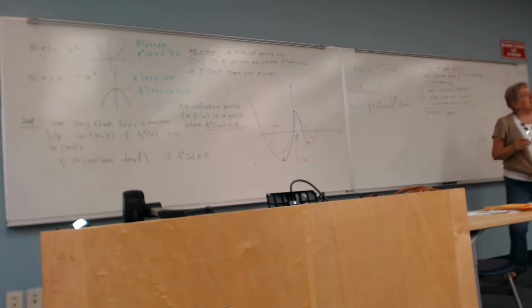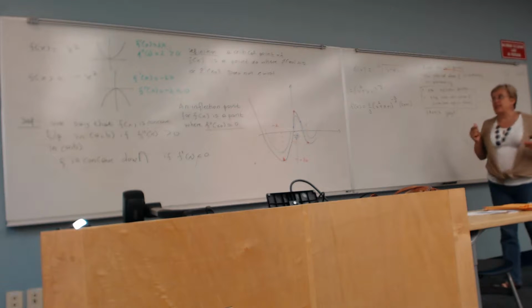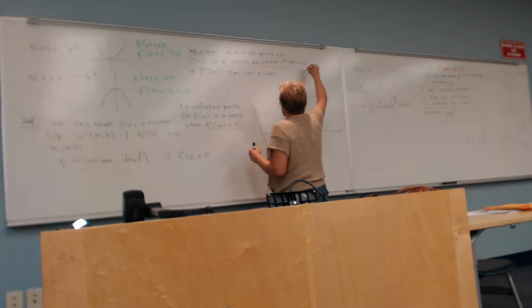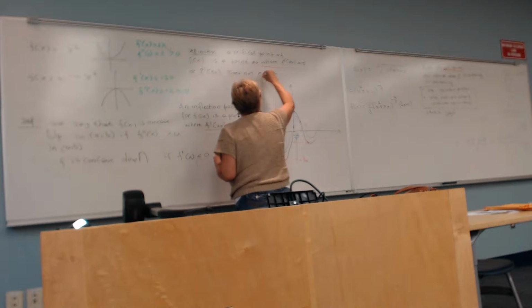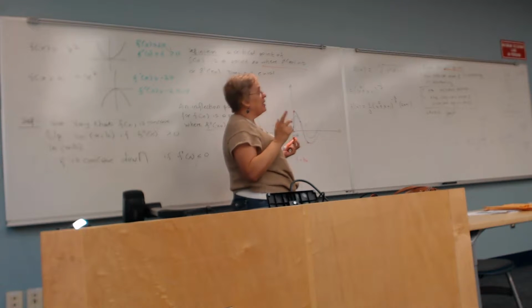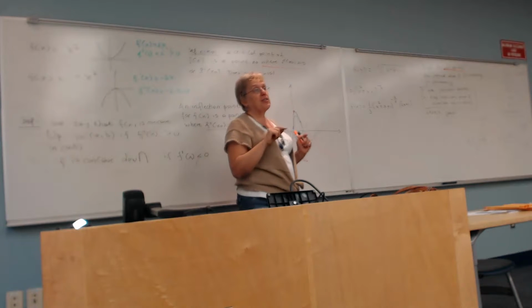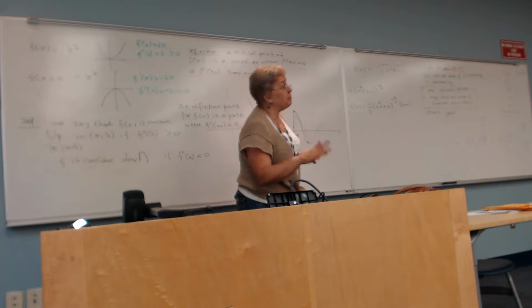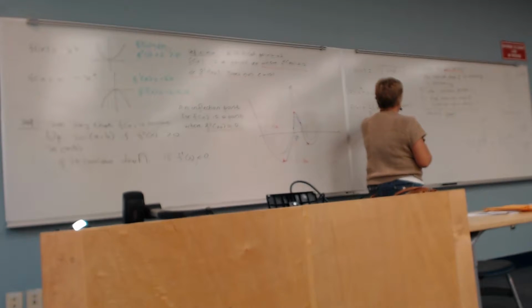I'm asking you to find the critical points. And the critical points are the points where the derivative is 0 or does not exist. Remember? So it means that there may be more critical points than you think there are. So let me be more precise.